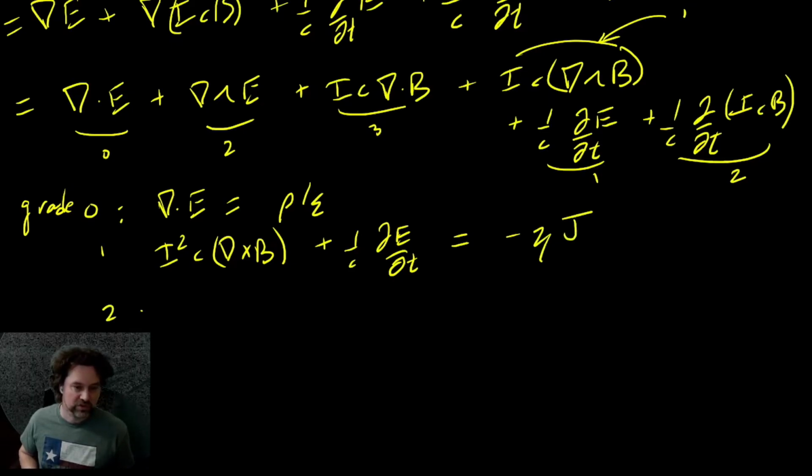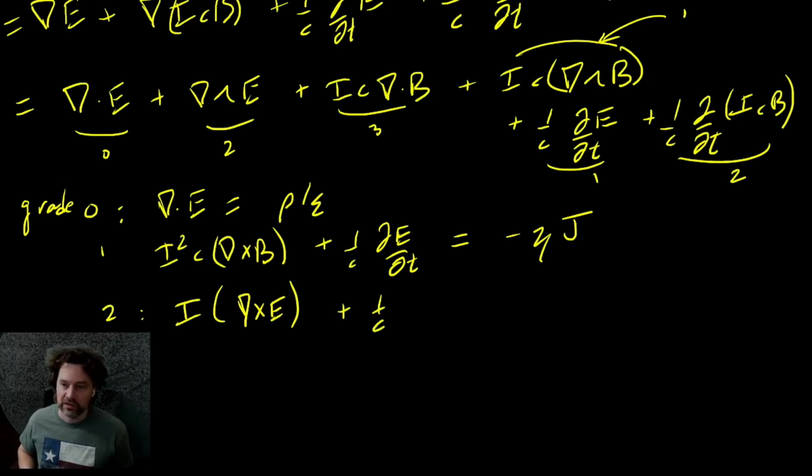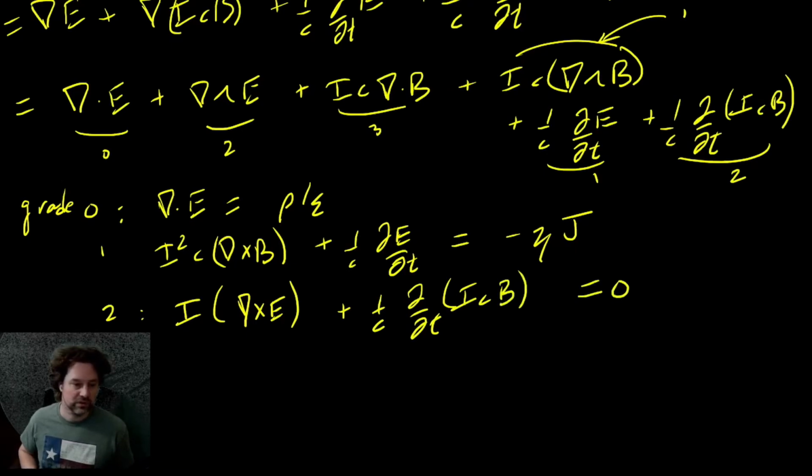Grade 2 terms, we have grad wedge E, which is I times grad cross E, plus 1 over c d/dt of ICB equals 0.